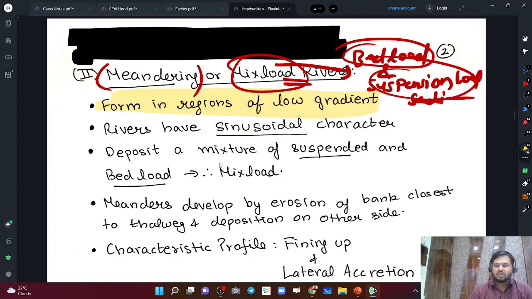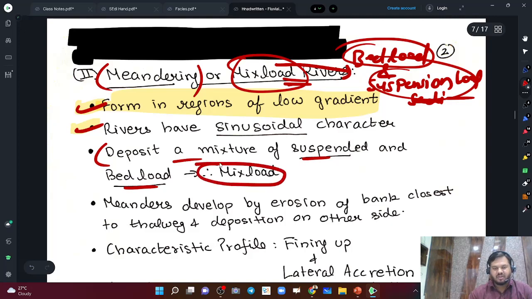When it enters Bengal, it flows in this sinusoidal way. So these rivers have a sinusoidal character, right? That is what it means. These deposits are a mixture of suspension load and bed load. That is why these deposits are also known as mixed load, right?